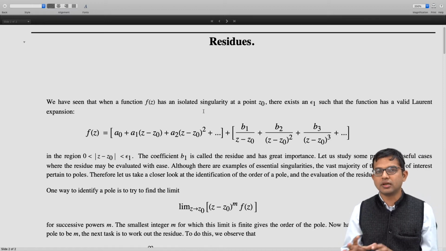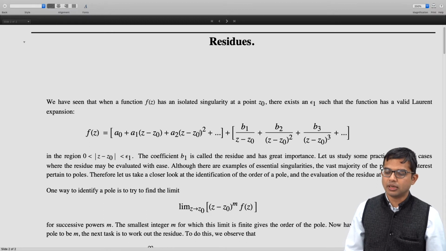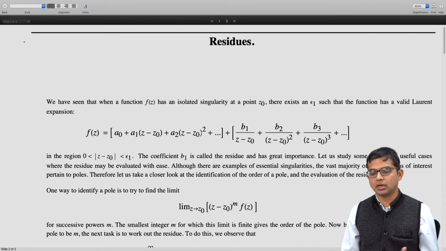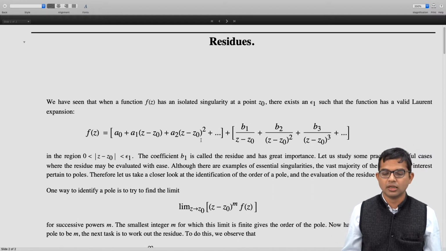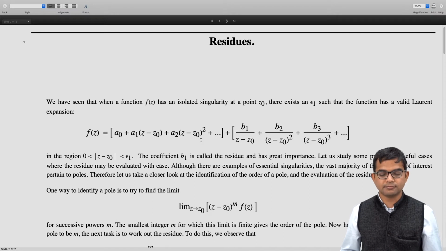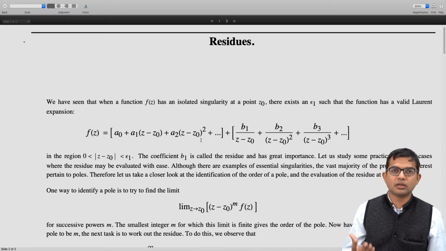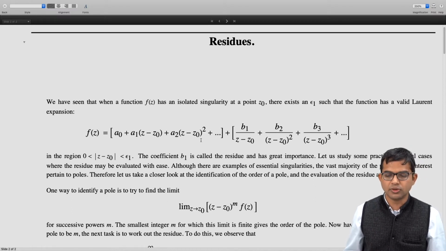Essential singularities are sort of pathological, and removable singularities are removable, therefore not so exciting. Poles appear repeatedly, and there's a prescription that we can write down, and that's what we will do in this lecture.